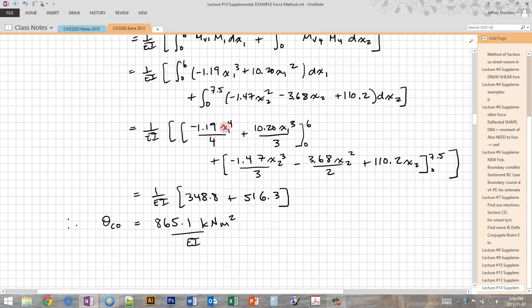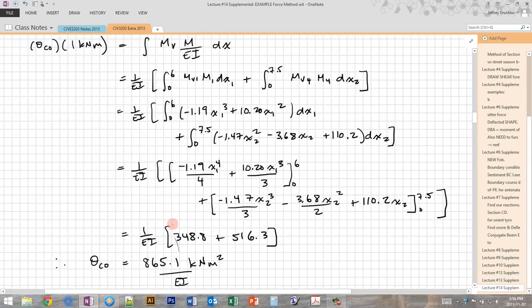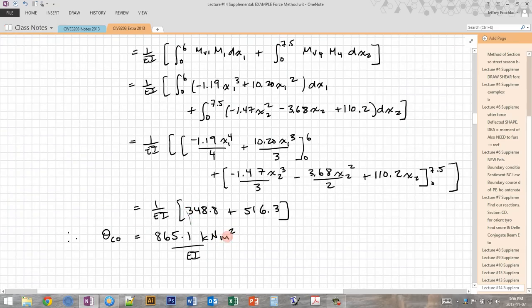So these units come from moment times x, so that's kilonewton meter times meter, so that's kilonewton squared meters cubed, and then we divide that by 1 kilonewton meter, so we get kilonewtons meter squared.